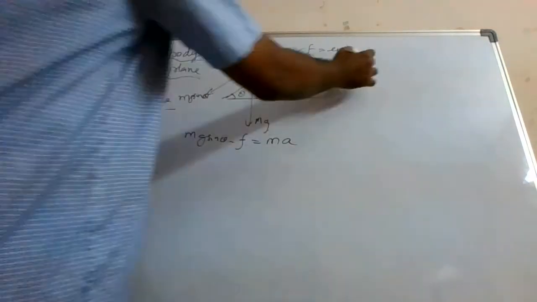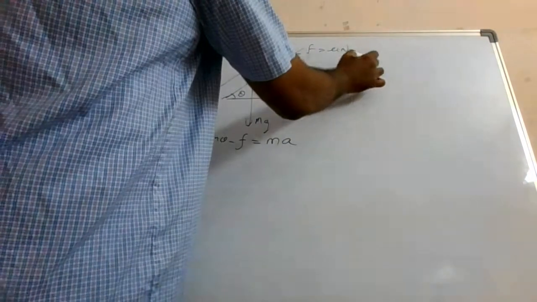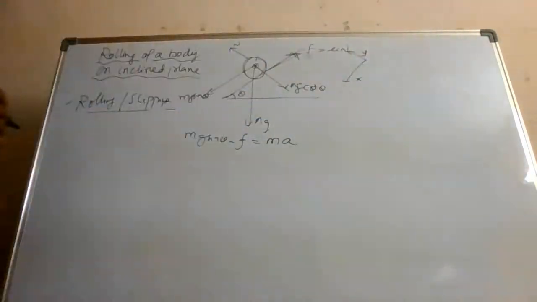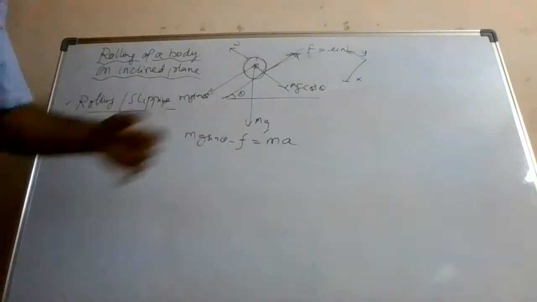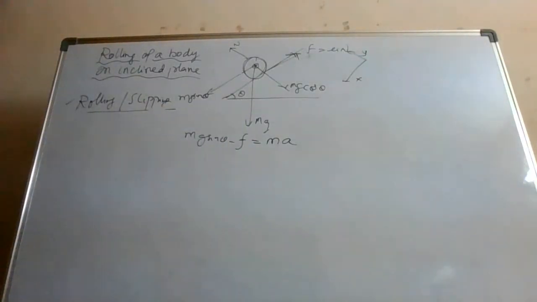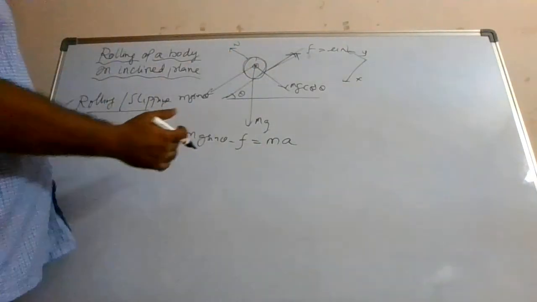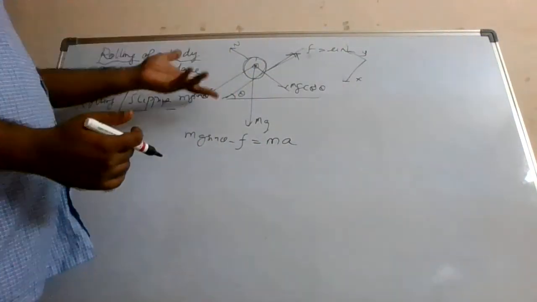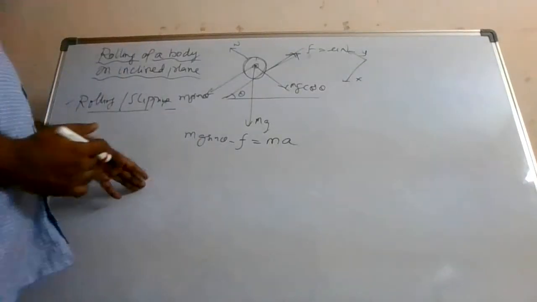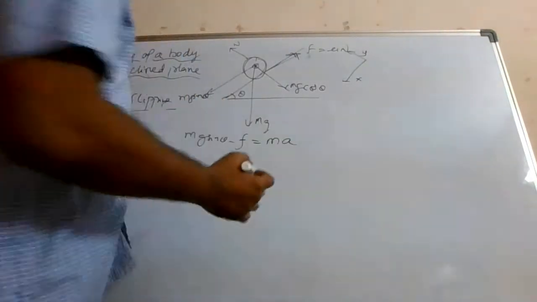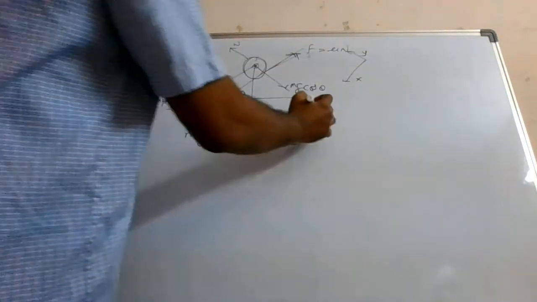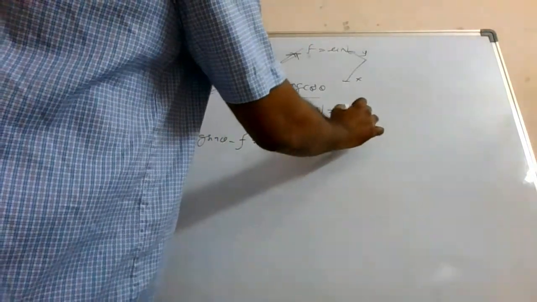I will say this is x and this is y. This is Newton's laws of motion we have seen. Now you can write the equation in the y direction also. In the y direction there is equilibrium, in the x direction motion is happening. Sigma Fy is equal to 0, so N will be equal to mg cos theta.